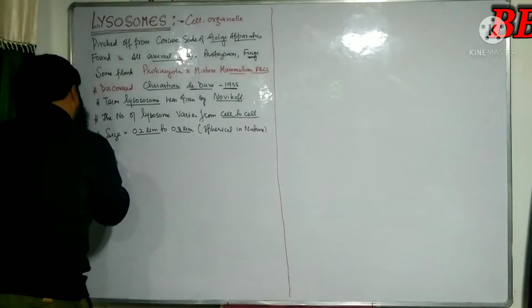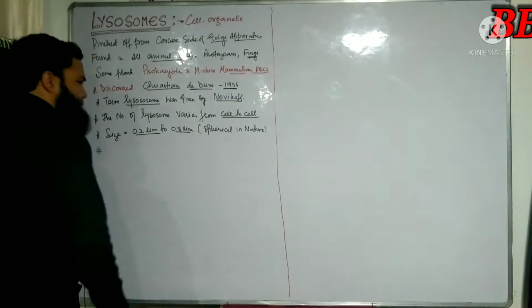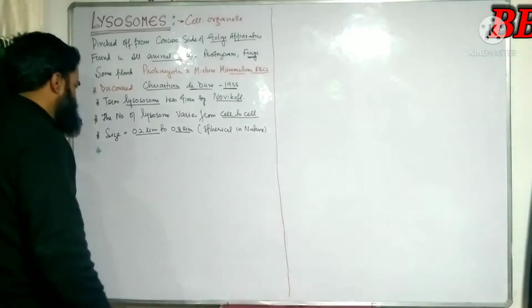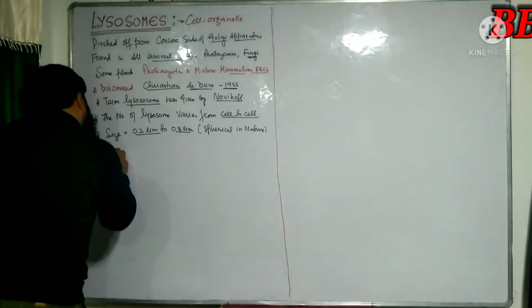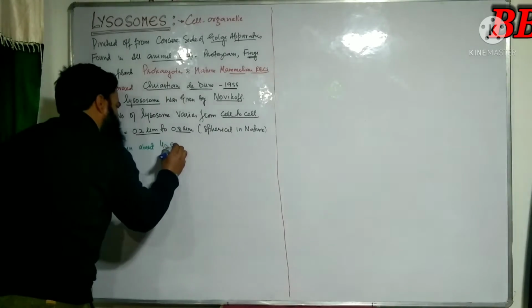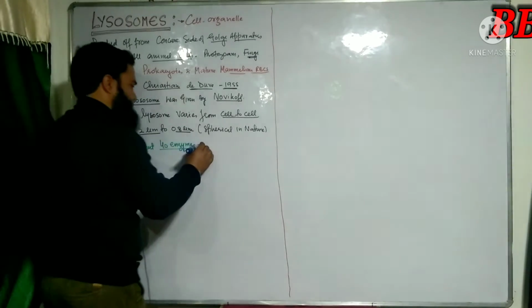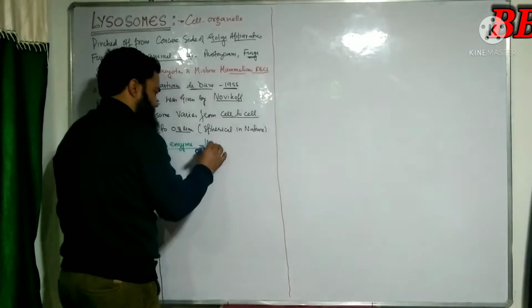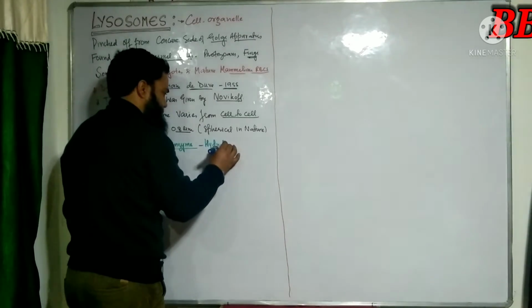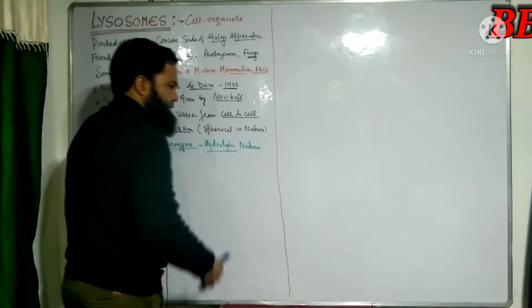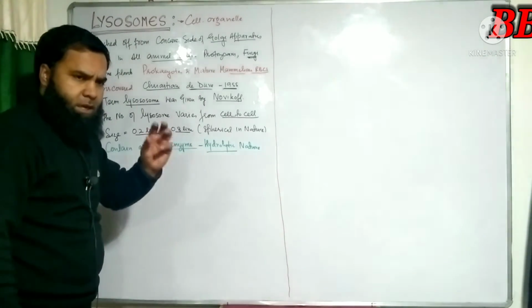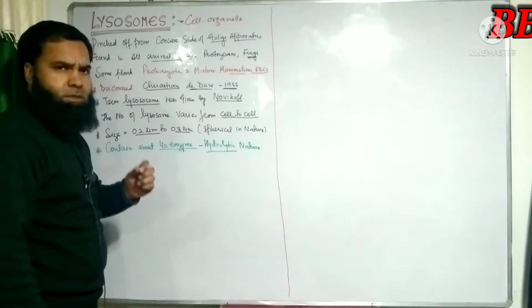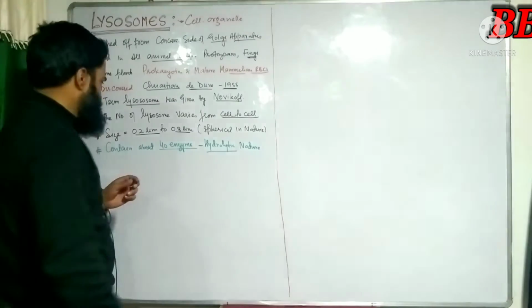Another point: lysosomes contain about 40 enzymes which have hydrolytic nature, meaning they have digestive property, they digest the macromolecules into simpler ones.